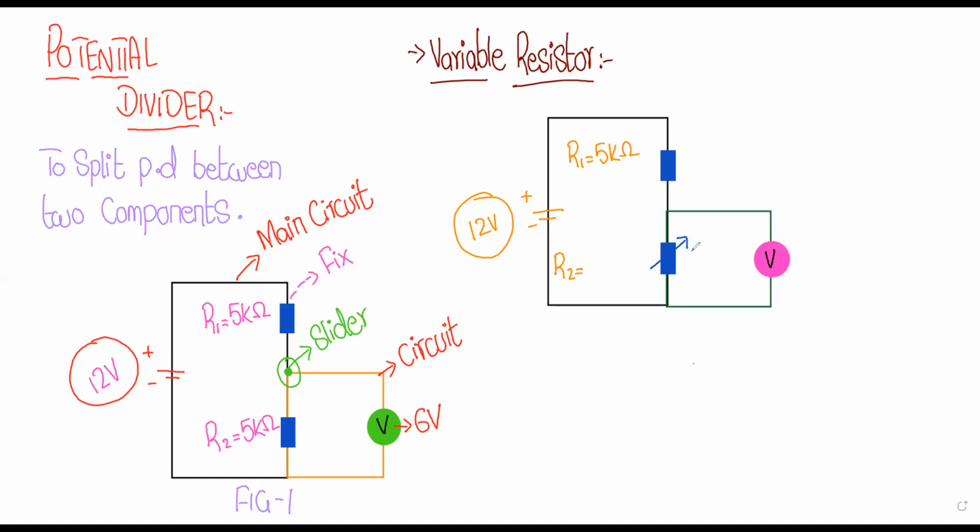Because now there is a variable resistor connected in this diagram. Can you identify?